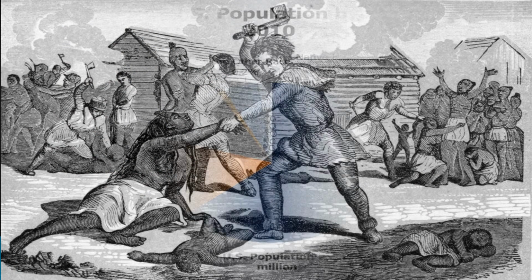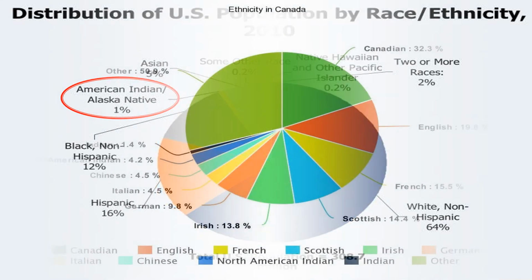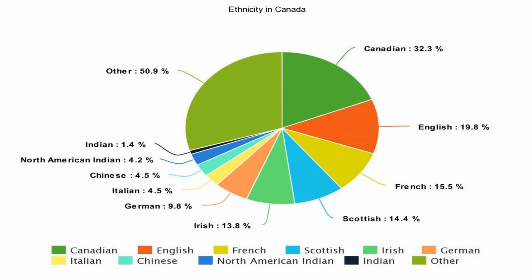The 2010 United States Census found almost 3 million Americans who identified themselves as American Indians or Alaskan Native, about 1% of the US population. The Canadian 2011 census found almost 2 million Canadians who identified themselves as First Nations, about 4.2% of the Canadian population.